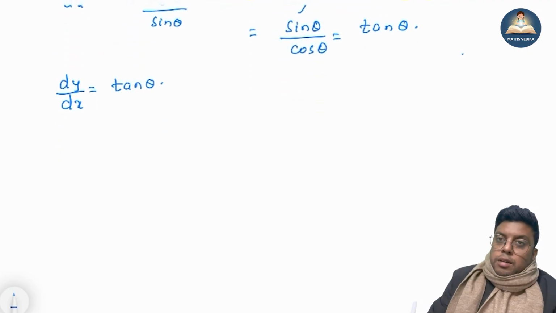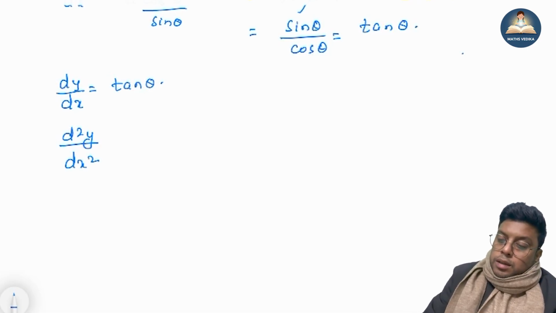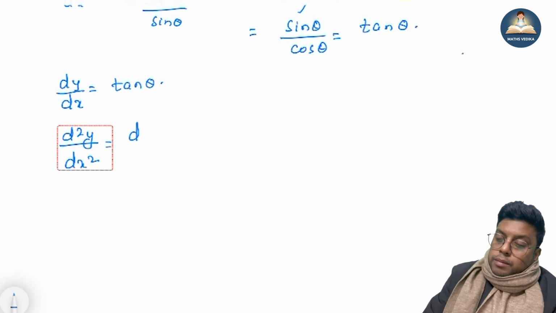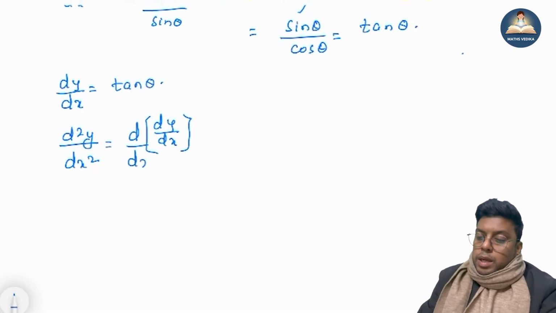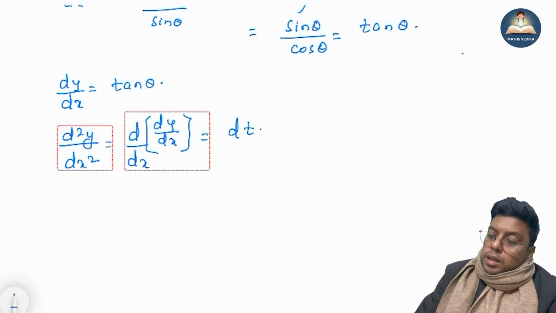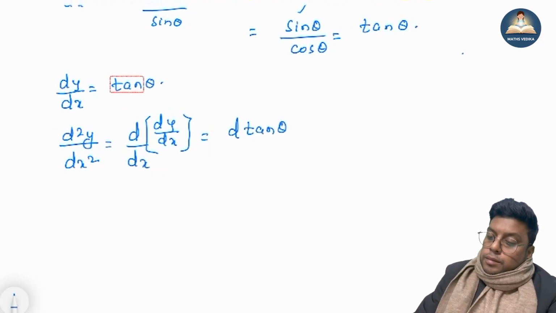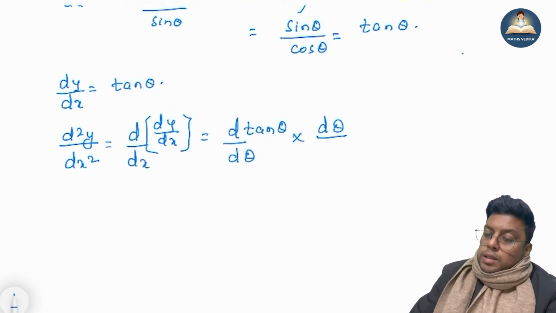Now we have to obtain d2y by dx square, so we need to differentiate dy by dx one more time. So dy by dx is differentiated with respect to x, which is equal to d tan theta by d theta multiplied by d theta by dx.